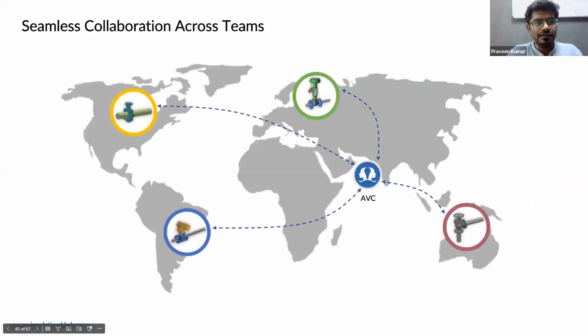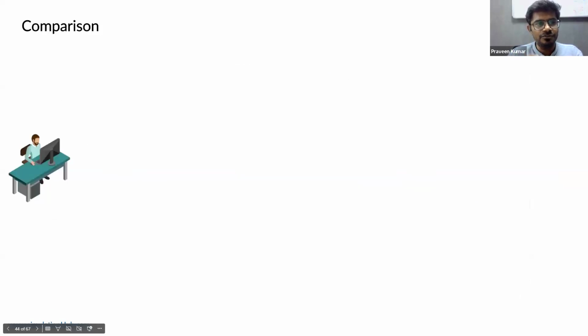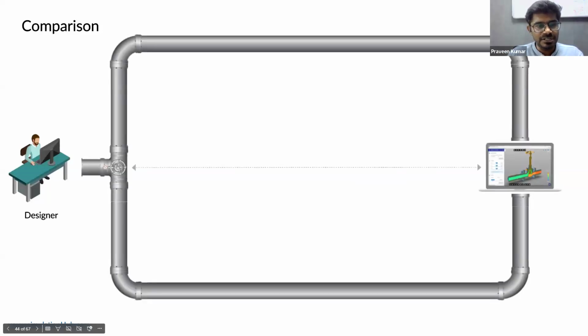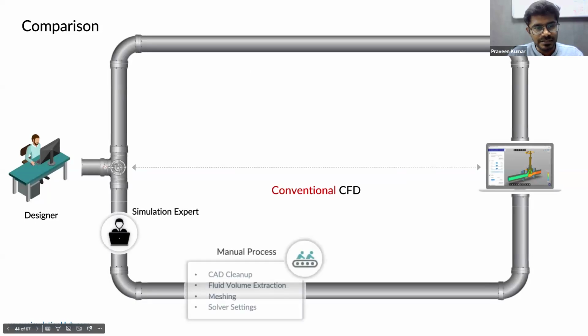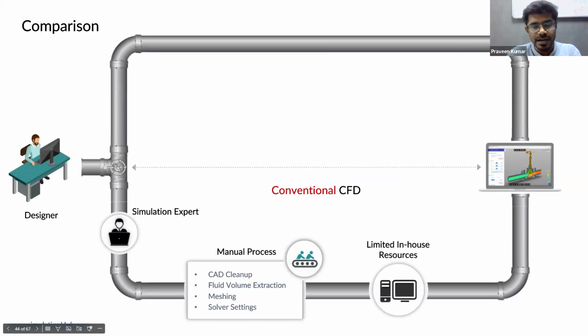Yeah, move ahead. So it's a short comparison of the conventional and the simulation process. In the conventional process, the dependency on simulation experts and the manual processes causes delay, and adding on top of it, limited in-house resources.